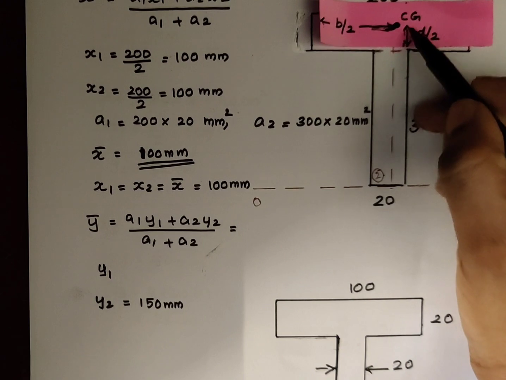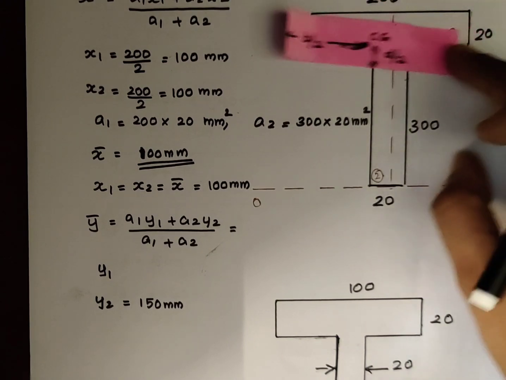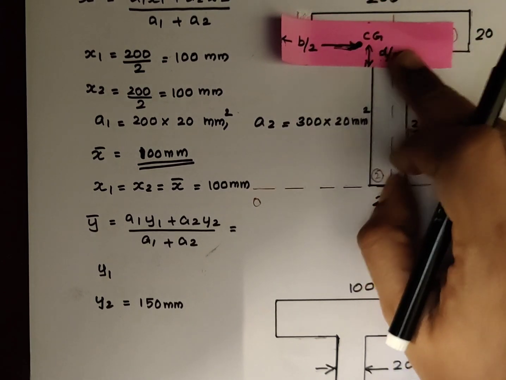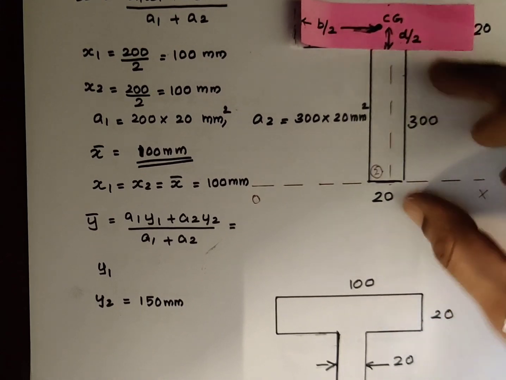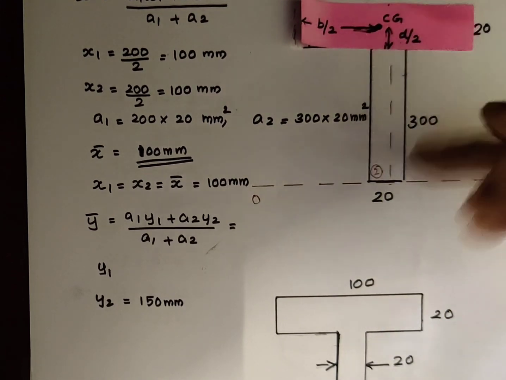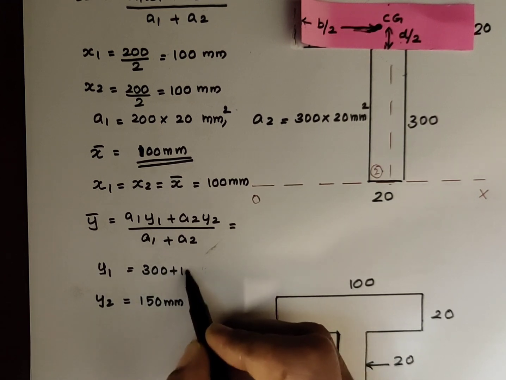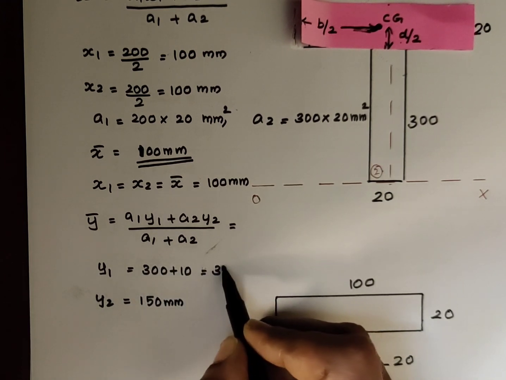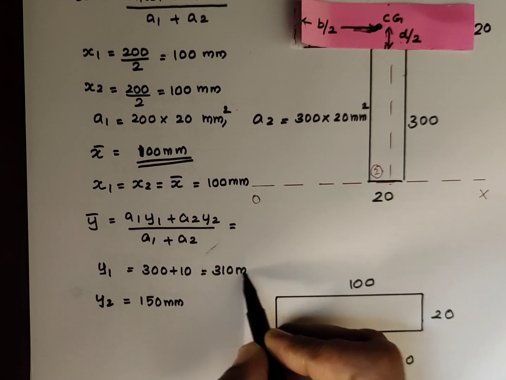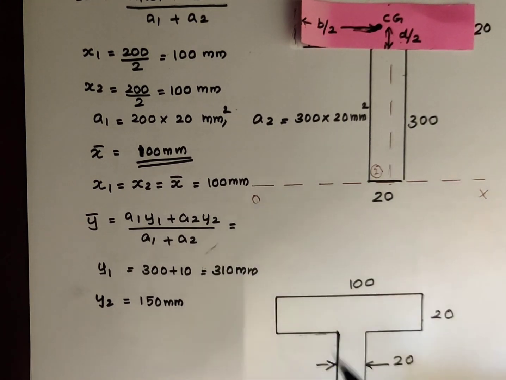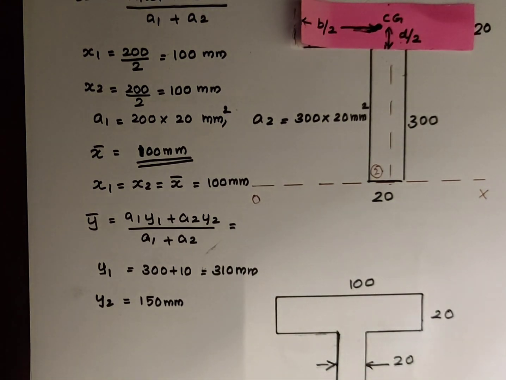So this depth is equal to 20. So this depth is equal to 10 and this total length is 300. So y1 is equal to 300 plus 10, that is equal to 310 millimeter. So now you have to substitute the value.